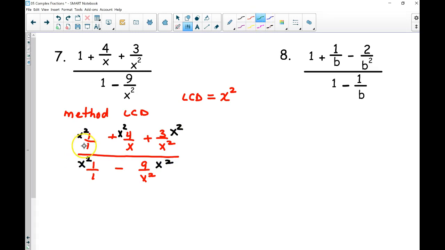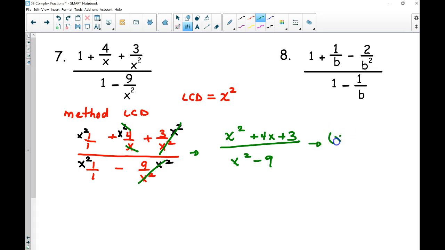We now reduce the common terms, so there's nothing to reduce here, but one of the x's reduces here, and both x squareds reduce here. Nothing reduces here, and the x squareds reduce there. This becomes x squared plus 4x plus 3 over x squared minus 9.